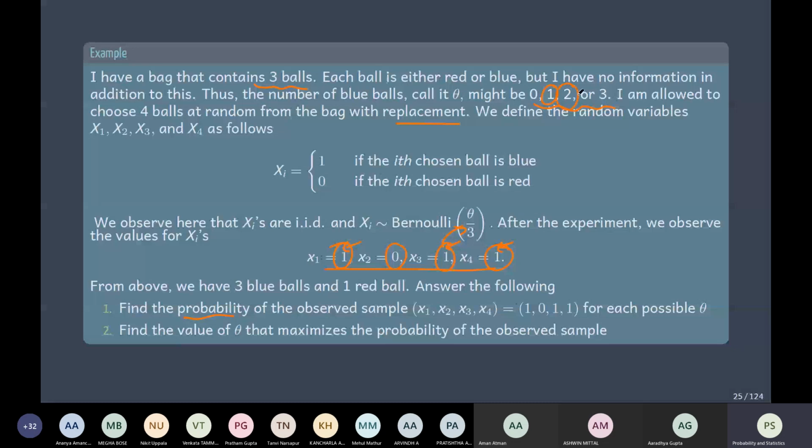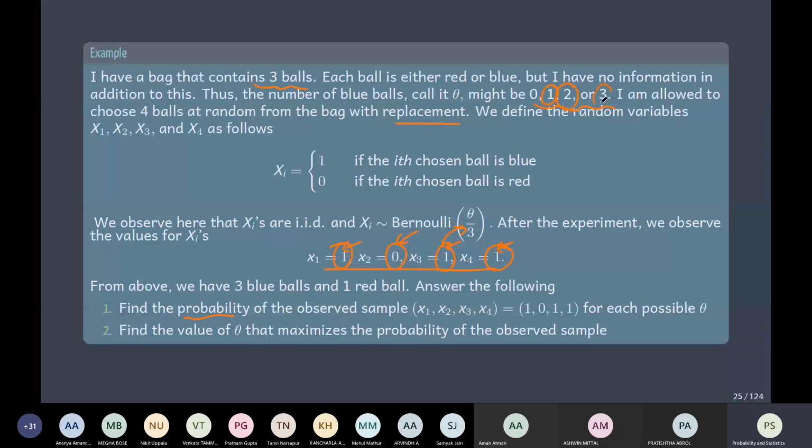Similarly, let us say we have two blue balls. Again this is possible, because there is at least one red ball, and it's with replacement. So I can observe three blue balls in the sequence and then one red ball as well.